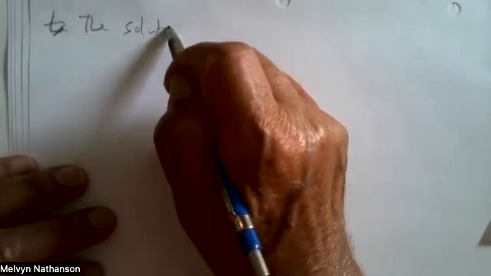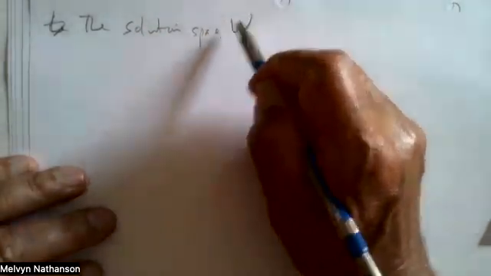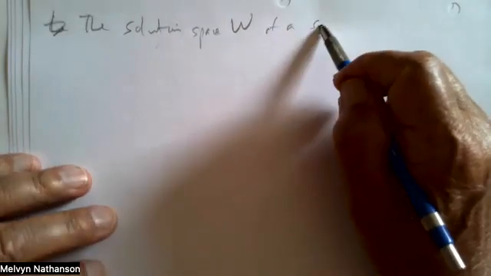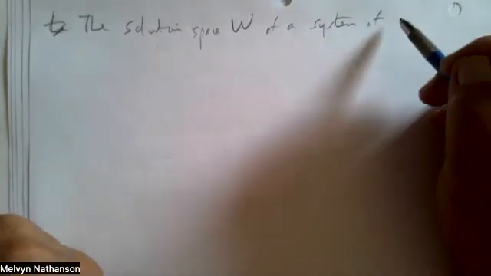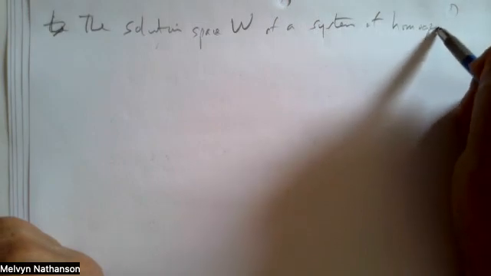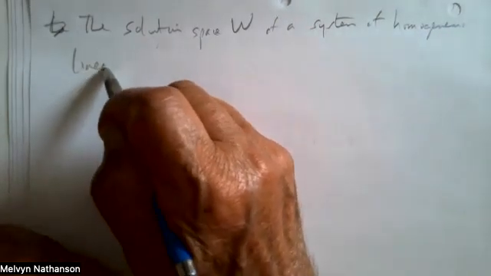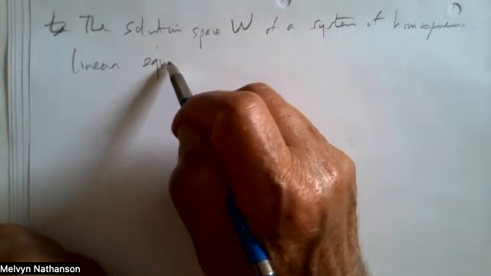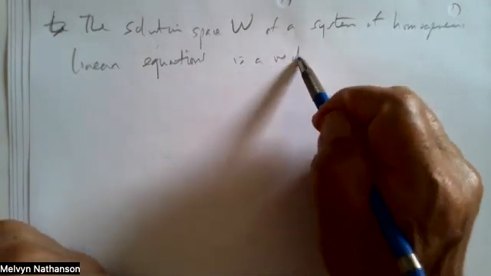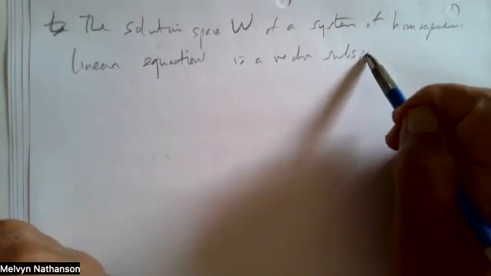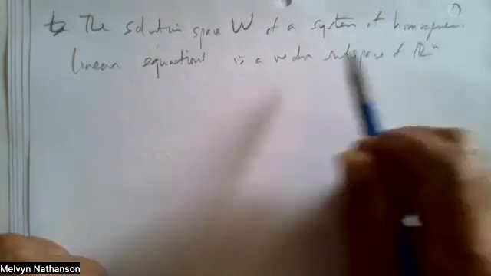So the solution space W of a system of homogeneous linear equations is a vector subspace of Rn.